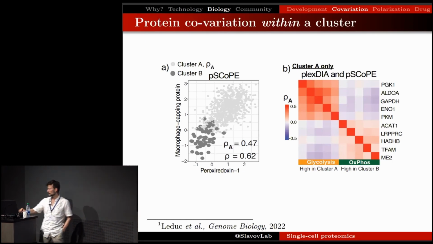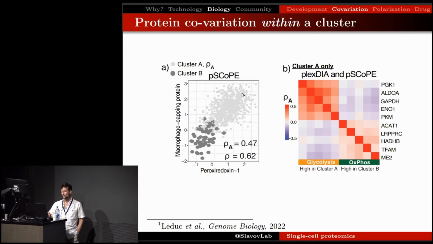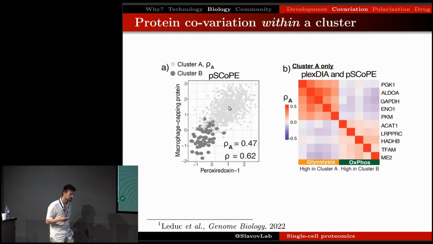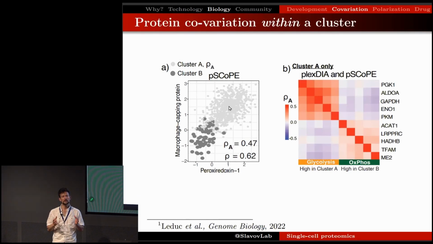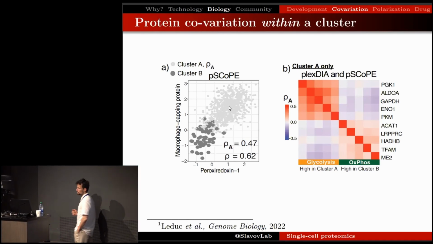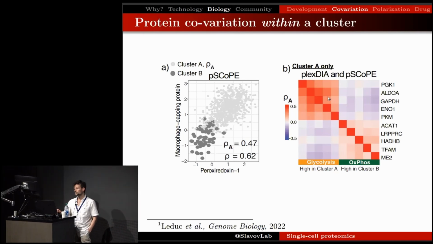And what is interesting is that within a cluster, which here is denoted by color, we can see that there is a strong covariation of proteins, which is suggesting that the single cells within that cluster are not just all identical or differing from each other in some noisy way because of stochastic fluctuations, but it's suggesting that there is a systematic signal. And in this particular case, Andrew was able to interpret that this signal really corresponds in some cases to functionally concerted sets of proteins that covariate together, such as glycolysis and oxidative phosphorylation.